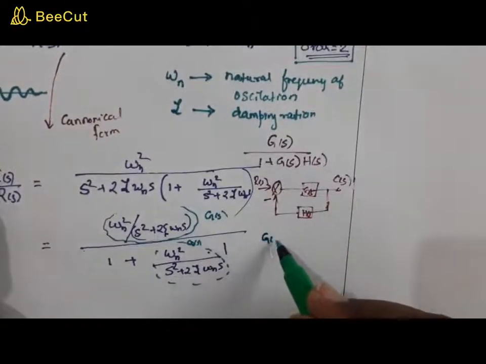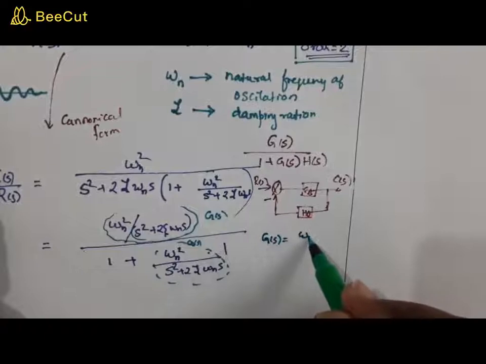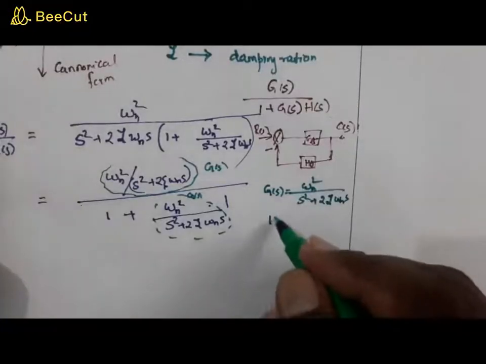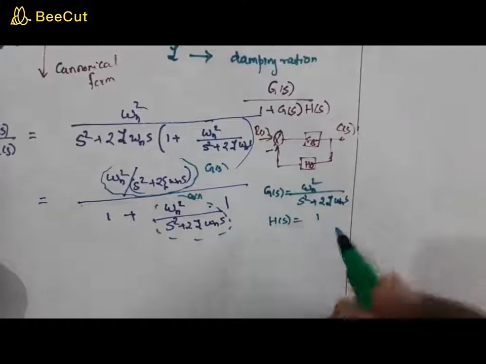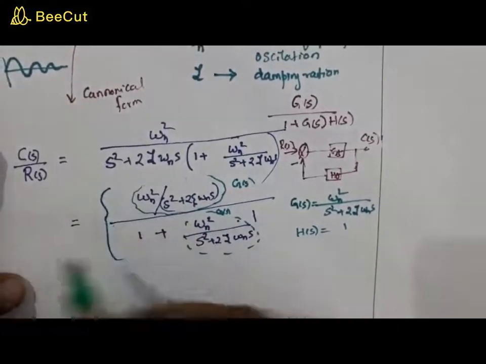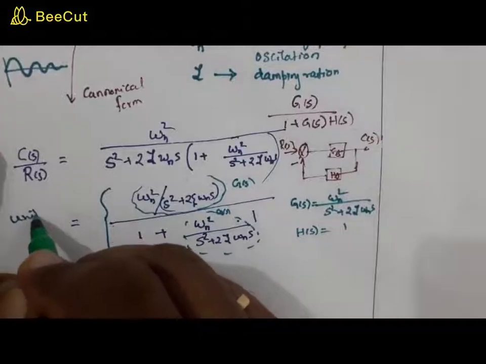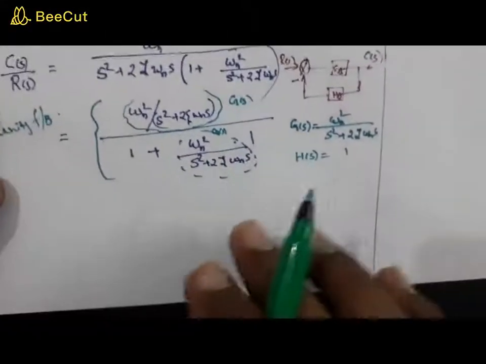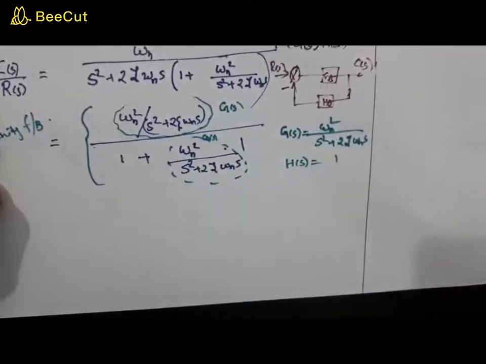Here you can write G(s) to be omega n squared by s squared plus 2 zeta omega n s, while H(s) is equal to 1. So this actually represents a unity feedback system. That can be represented by the block diagram as shown.